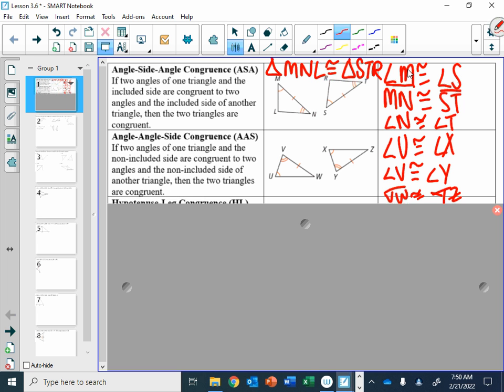Okay, so I can say that triangle UVW is congruent to triangle, name it for me, XYZ. Good. So that's angle side.